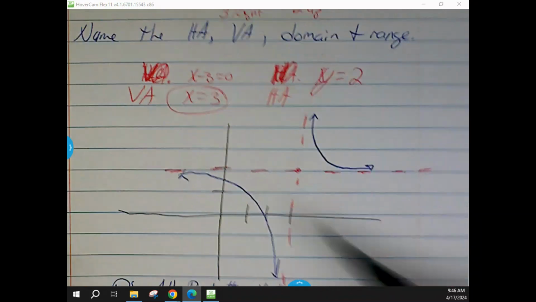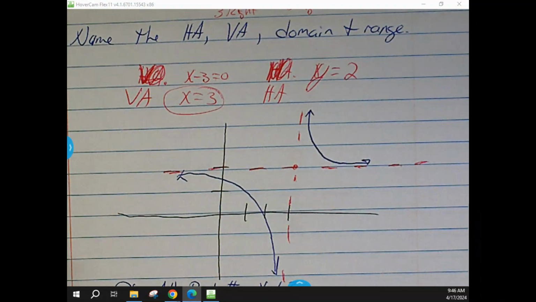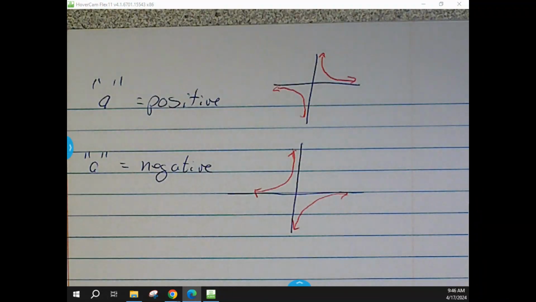So positive numbers, it'll be here and here. Negative numbers, it would be here and then there. And every one of the graphs, again, will just look like that. It's just a matter of moving it up and down and left and right based on what the numbers are in the denominator and what the numbers are on the outside of the denominator. All right, and that should do us for today.